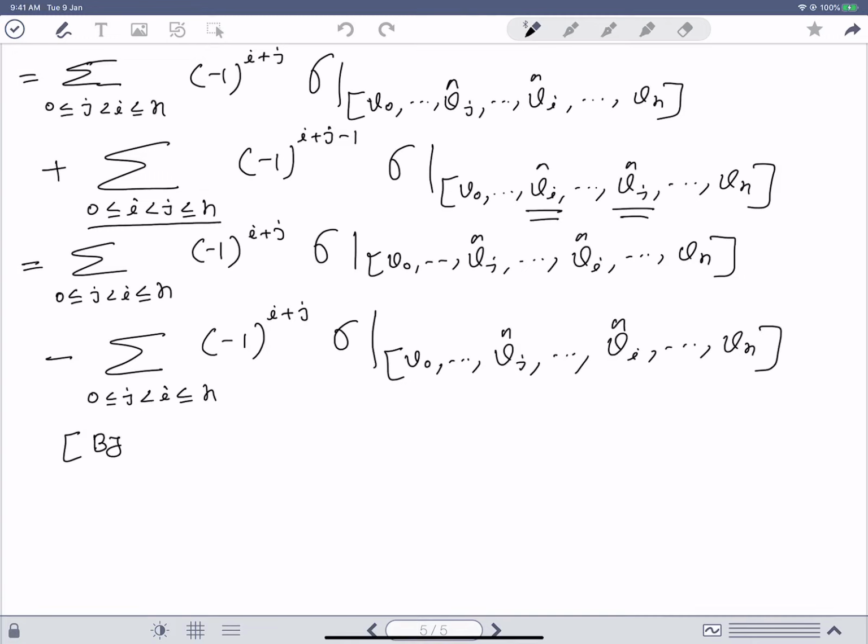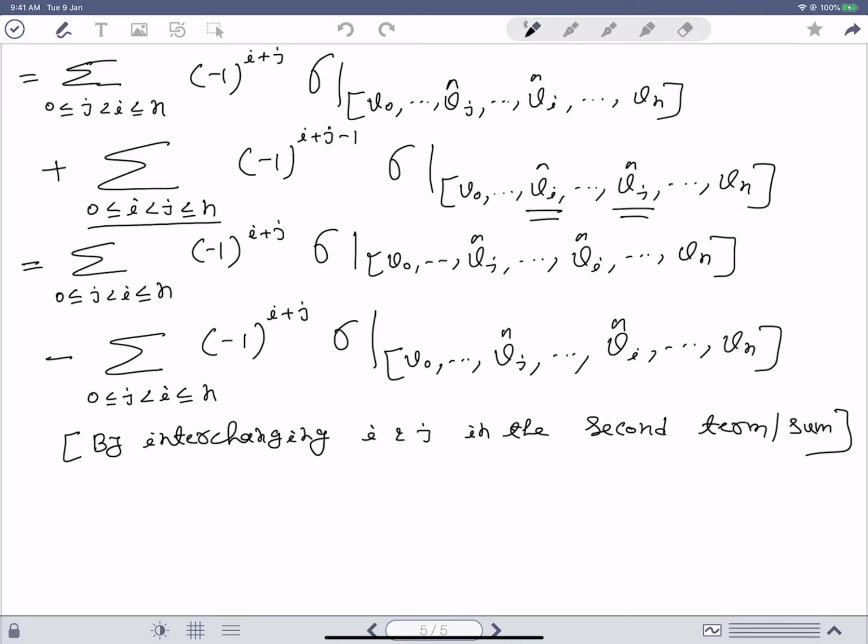So we get this one by interchanging i and j in the second term. Now you can check that the first term and second term are same, but their difference is minus, right? So this is equal to just 0.